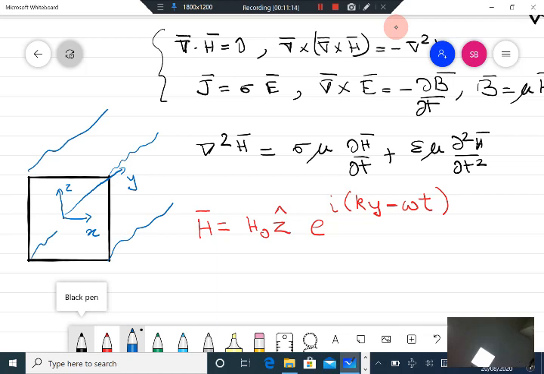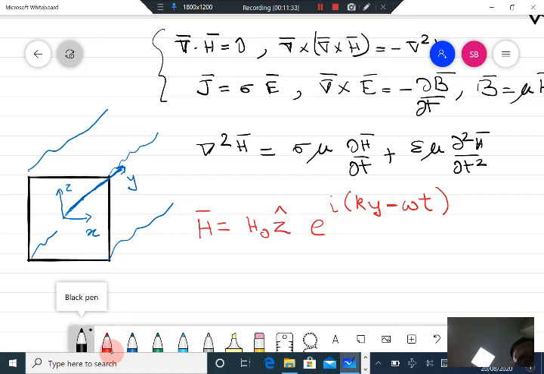On this face of the material which I have drawn in black, the magnetic field is propagating along the y-axis and impinging on this surface.